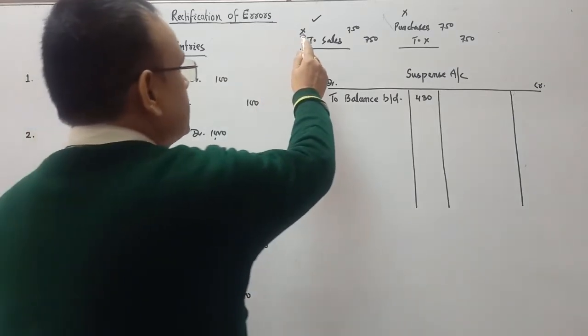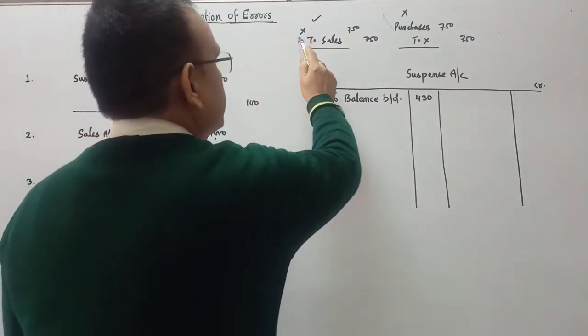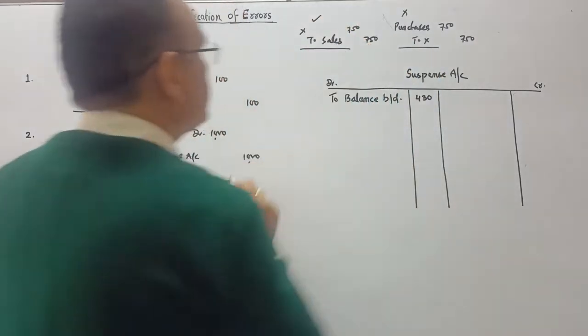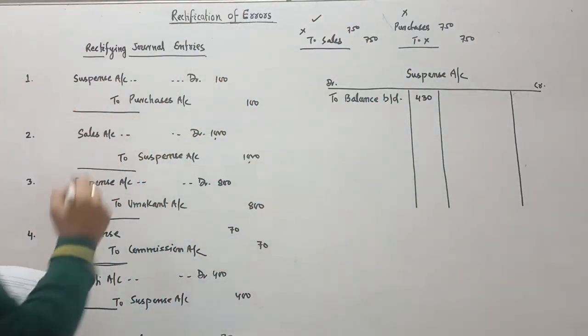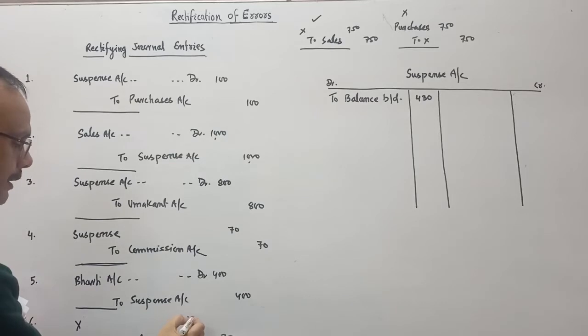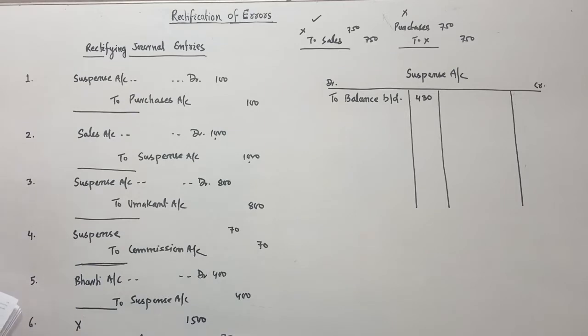Now coming to the X account, it should be debited and it is credited. So what we'll do, we'll debit the X account with the double amount. So X account will be debited with the double amount 1500. So X account debit to sales account, to purchase.